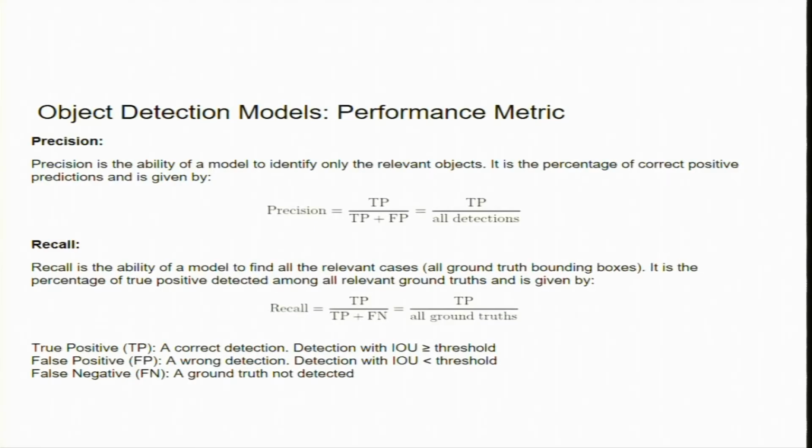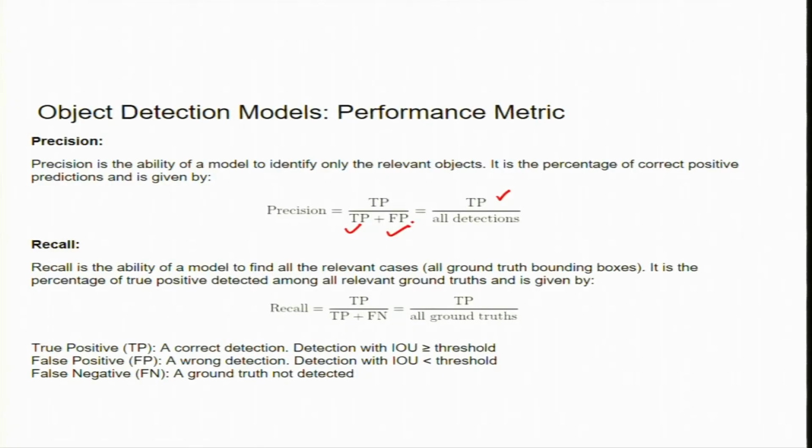The second performance measure is precision and recall. Precision is the ability of a trained model to identify only the relevant objects, that is the percentage of correct positive predictions, and is given by the true positives divided by the true positives plus false positives.